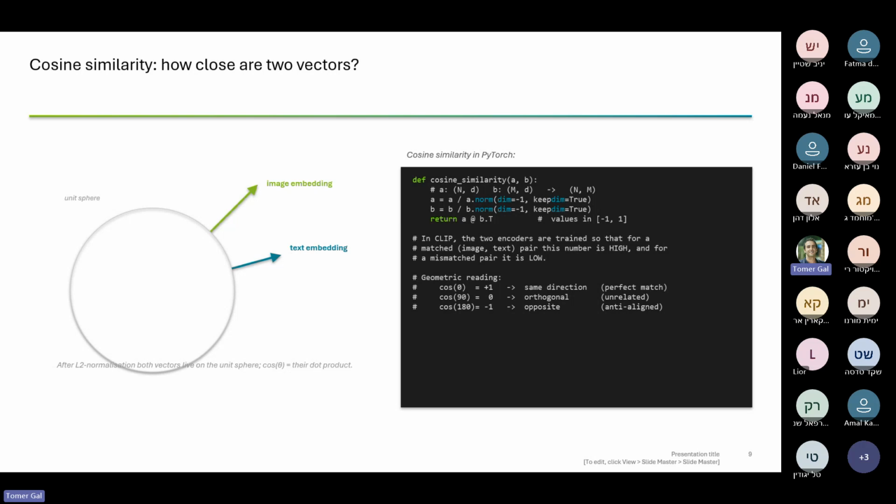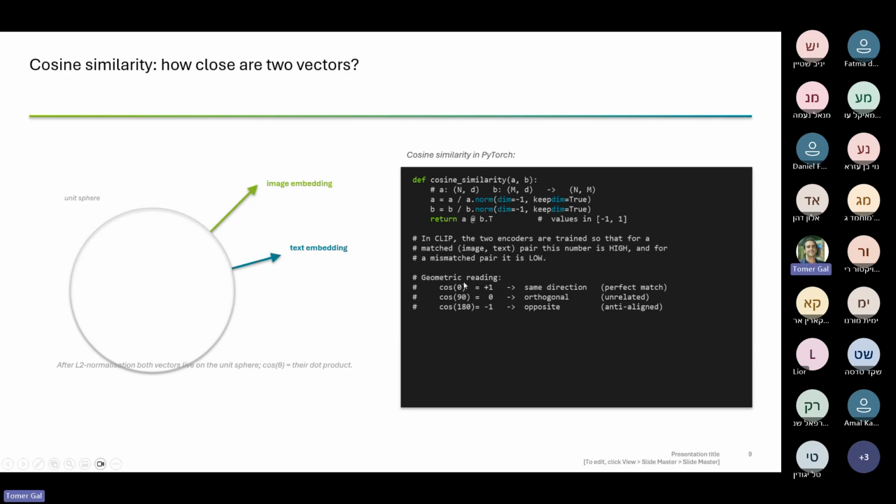And why not Euclidean distance? Because in high-dimensional space, all of the distances tend to look similar. So Euclidean is noisy. And the second reason, after you do the L2 normalization, then the Euclidean distance and the cosine similarity are both monotonic functions of each other anyway. So they rank pairs identically. So cosine just has the linear numerical range, which you want to achieve.